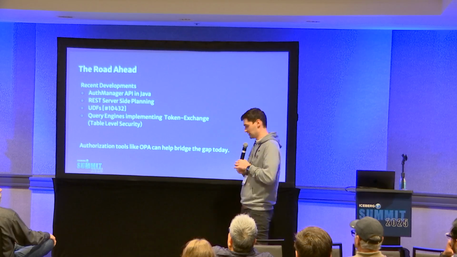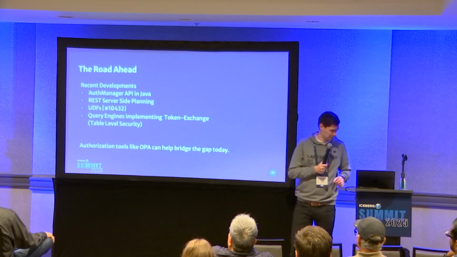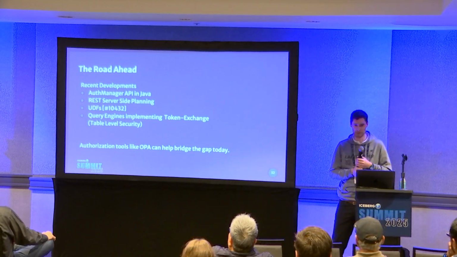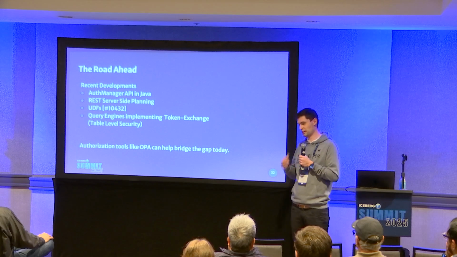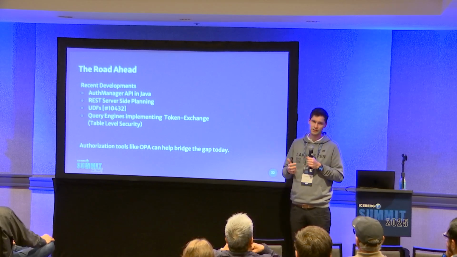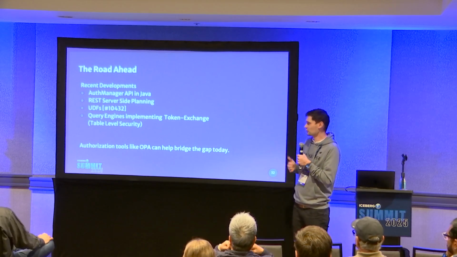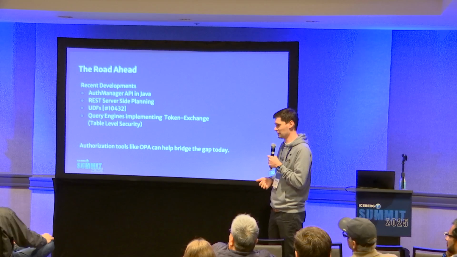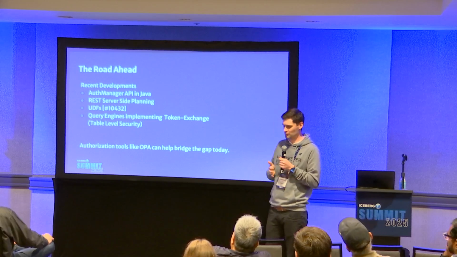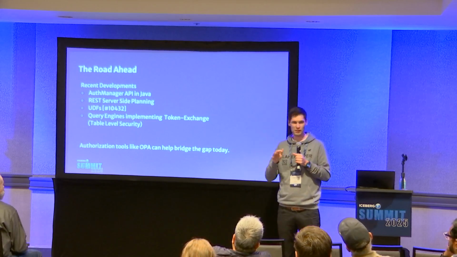Then we merged, last year already, the server-side planning endpoint. So now, as part of the REST specification, we have an asynchronous endpoint where clients can ask a REST server to do the planning for them, right?